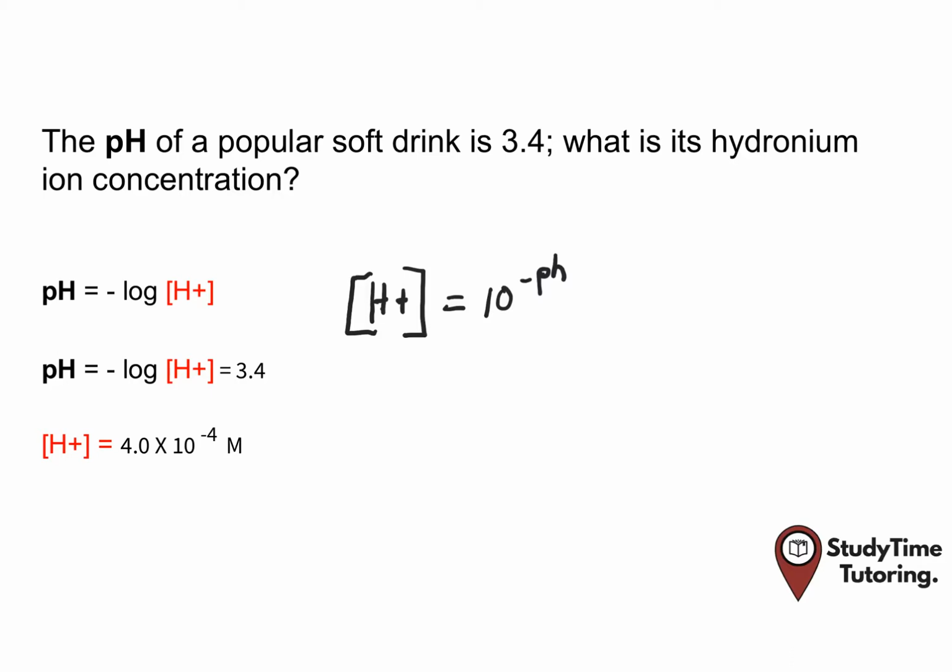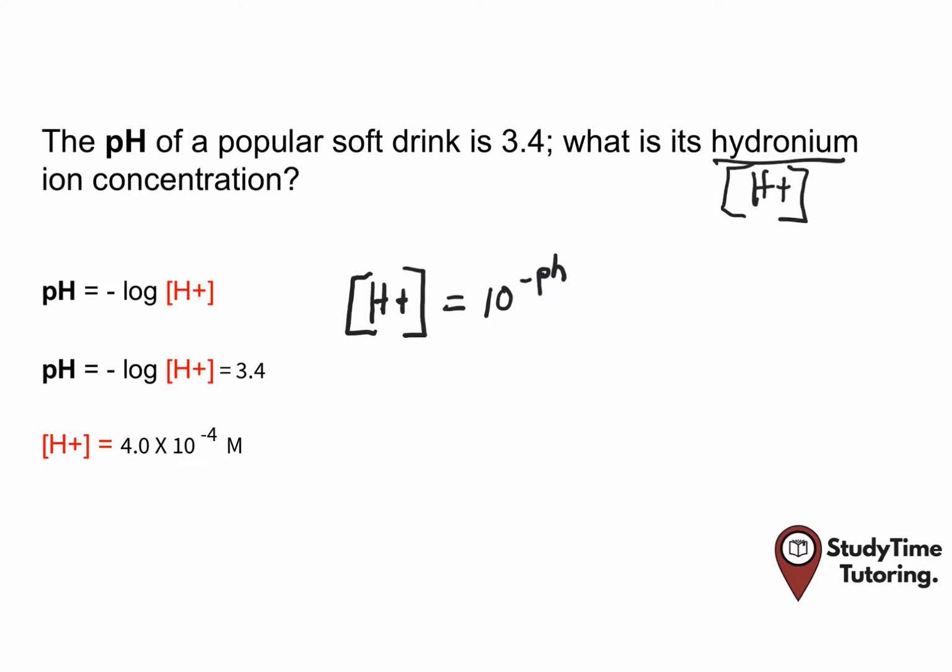Okay, and so for this last one here, we're starting with the pH, and so we need to work backward and find out what the hydronium ion concentration, or H plus concentration, is for this soda.